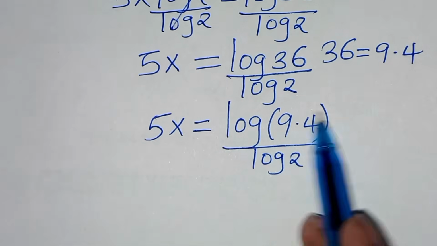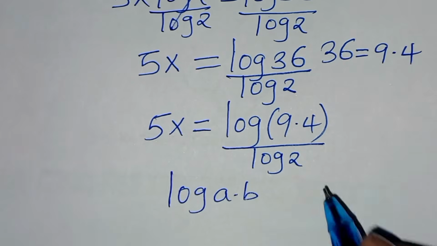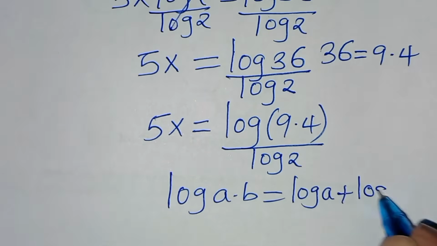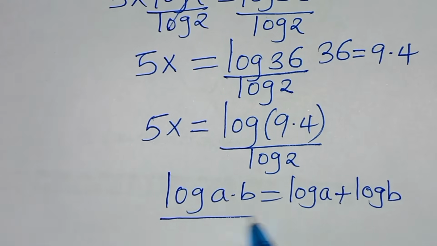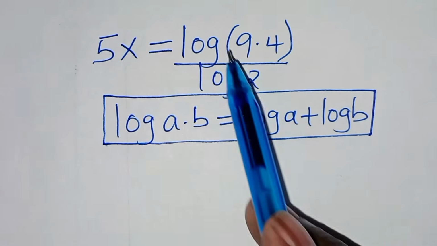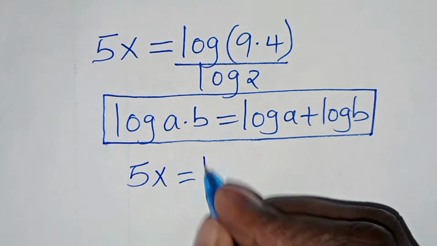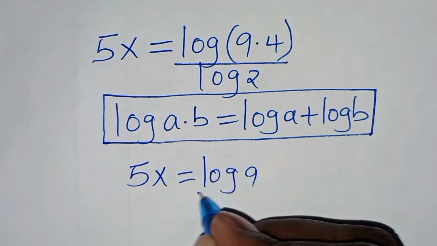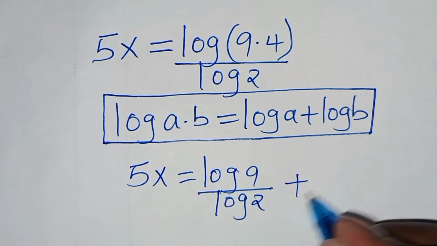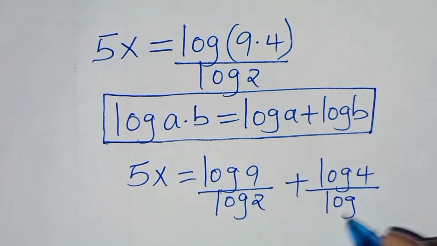Now, log 9 times 4 is in the form of log a times b, which we can express as log a plus log b. Applying this logarithm property, then we'll have 5x. This is equal to log 9 divided by log 2, then plus log 4 divided by log 2.